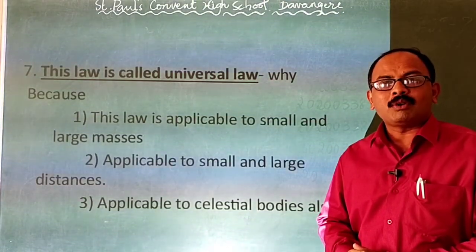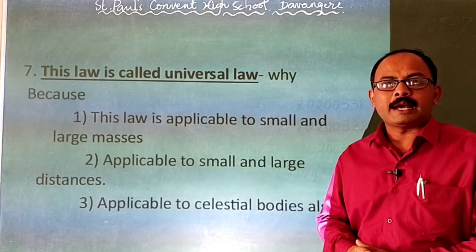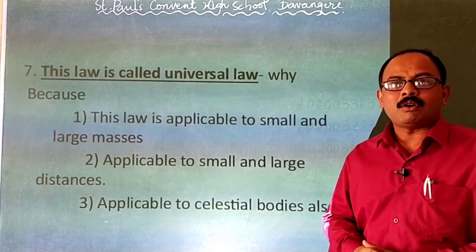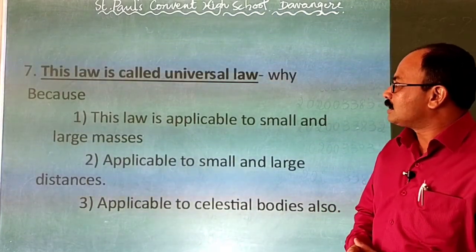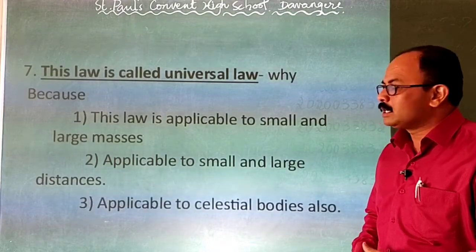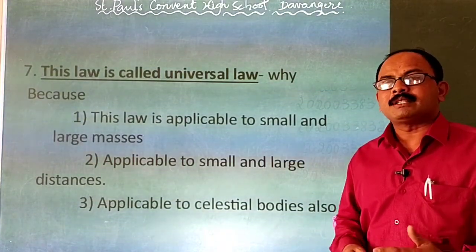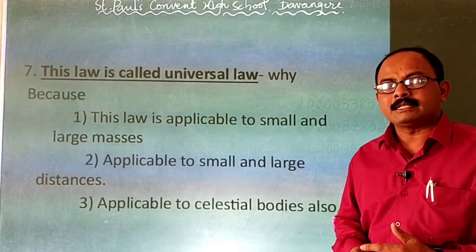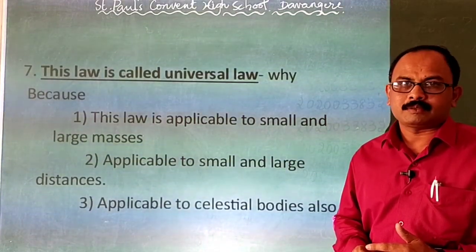Why do we call this law of gravitation the universal law of gravitation? Because this law is applicable to small and large masses. Whichever masses you consider and calculate, this law holds good.